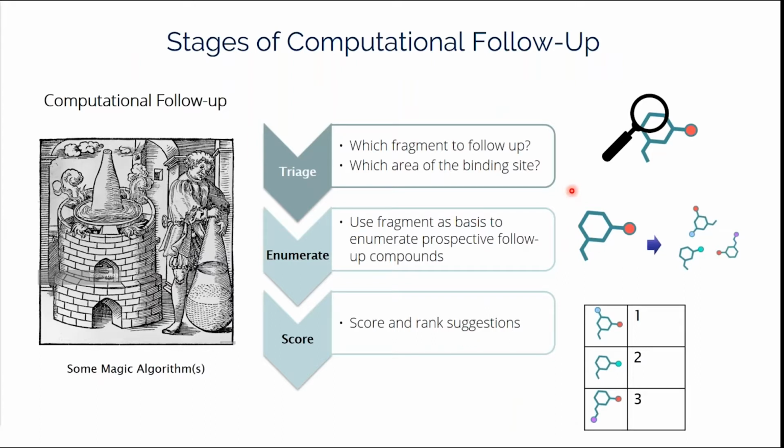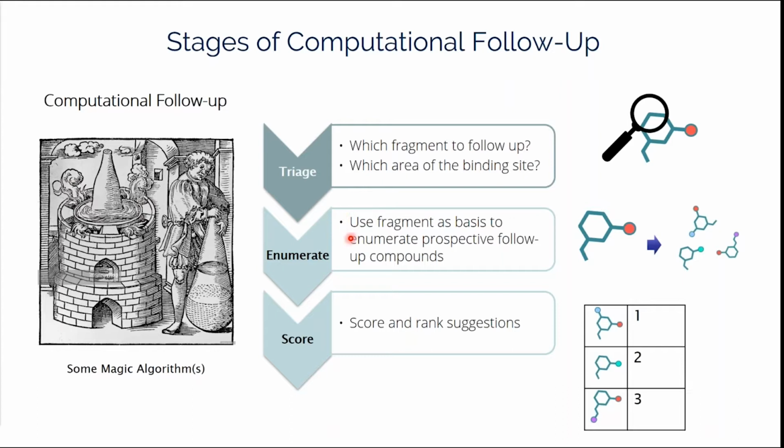So the first step involves choosing which fragments to elaborate and into what areas of the binding site. With crystallographic screening, the focus is usually on fragments that make favorable binding site interactions and also that are tractable synthetically.